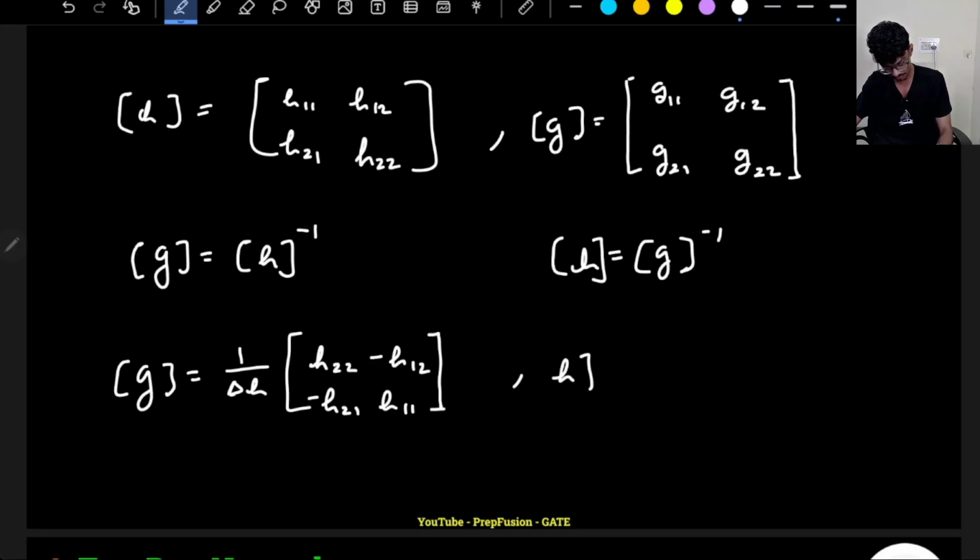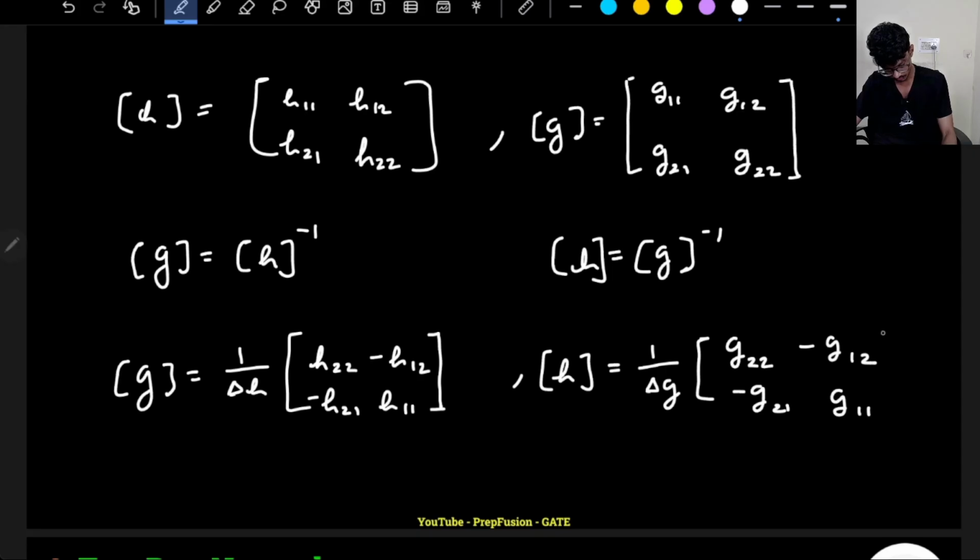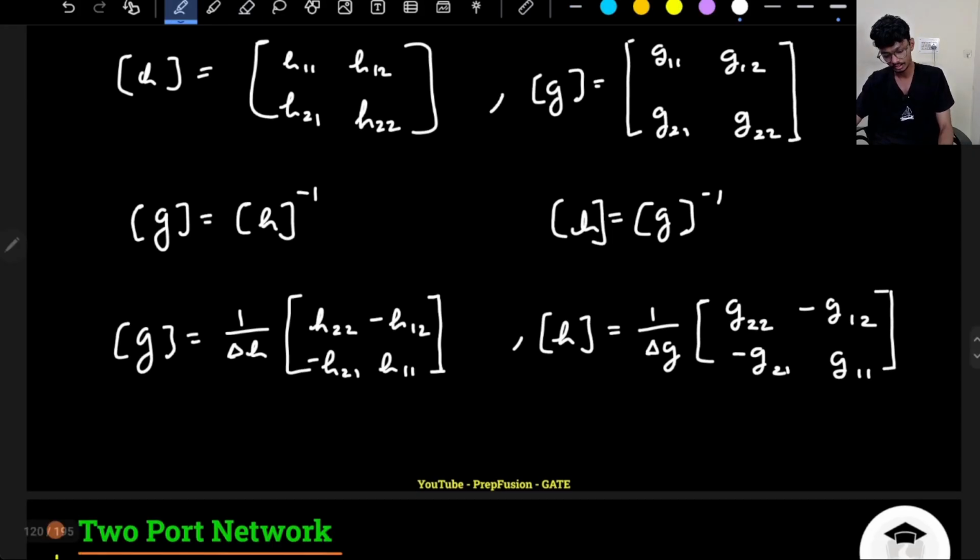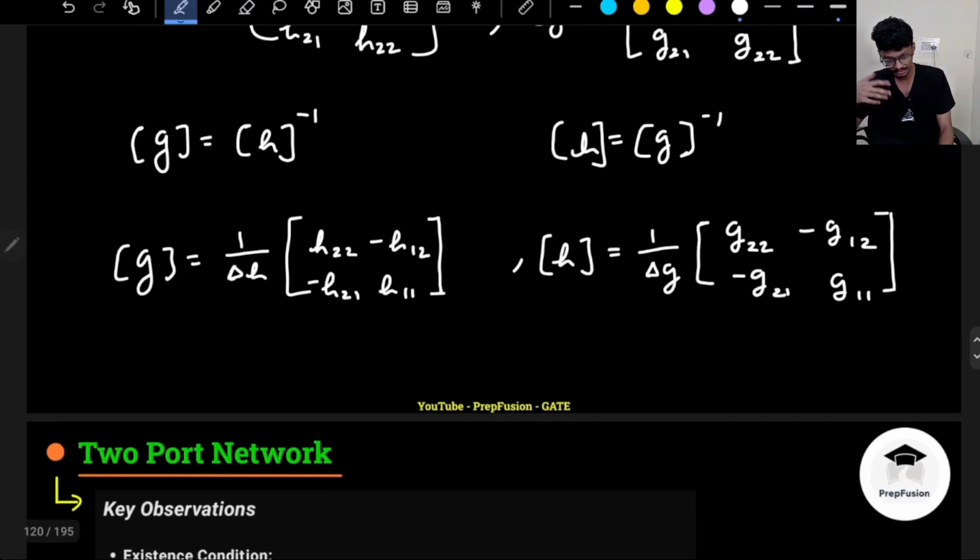Here my H parameter will be equal to 1 by delta G, this will be G22, minus G12, minus G21, G11.